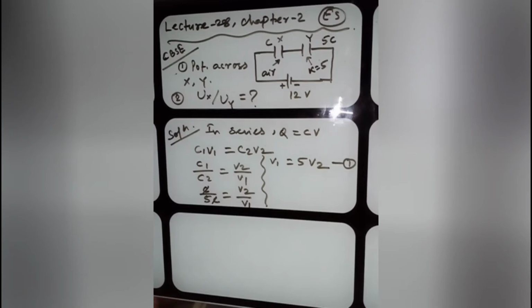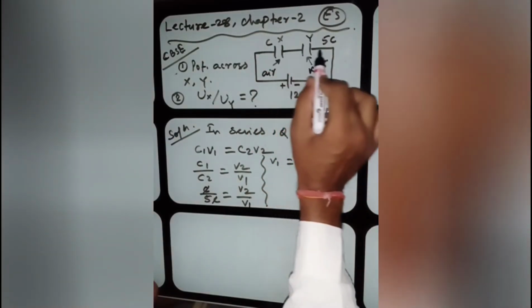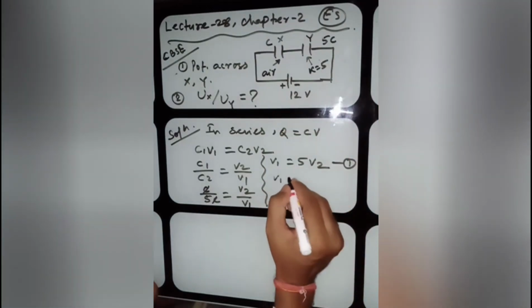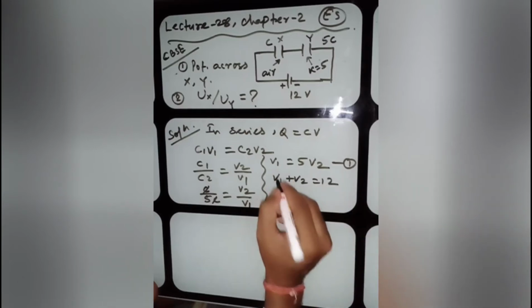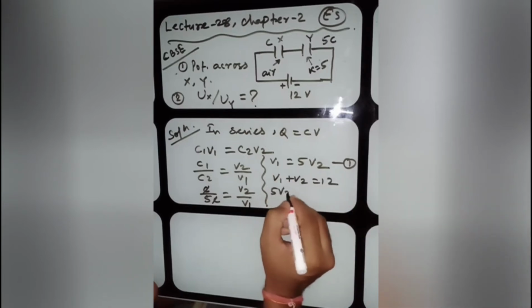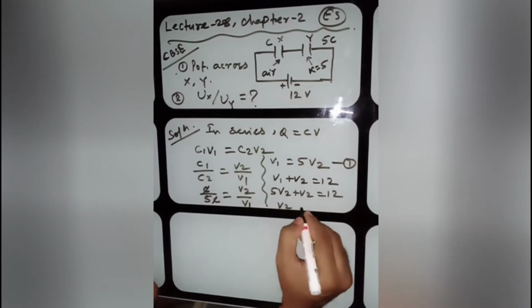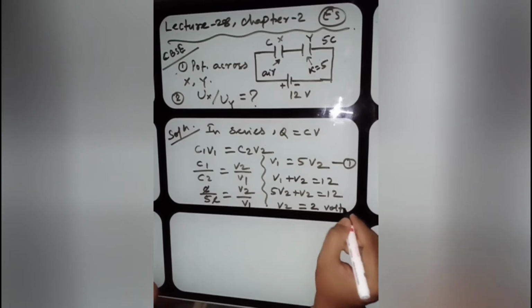Now, the potentials we have taken are V1 and V2, but the total potential is given as 12 volt. So V1 plus V2 is 12 volt, and V1 is 5V2, so 5V2 plus V2 is 12 volt. It means 6V2 is 12, so V2 is 2 volt.